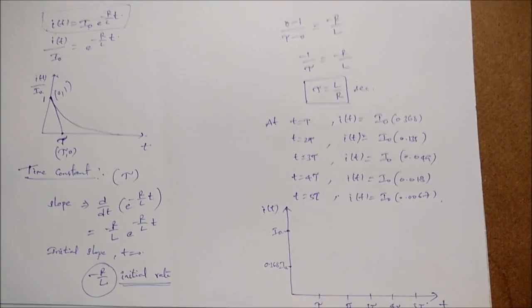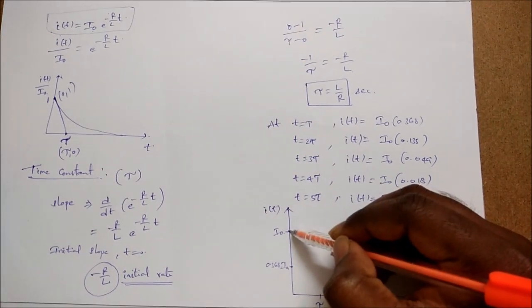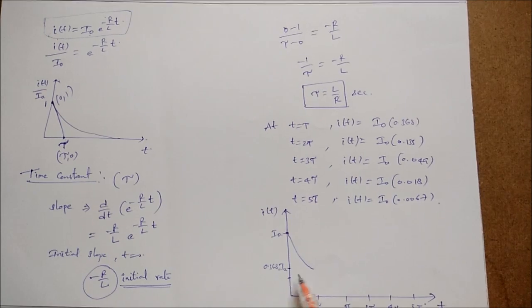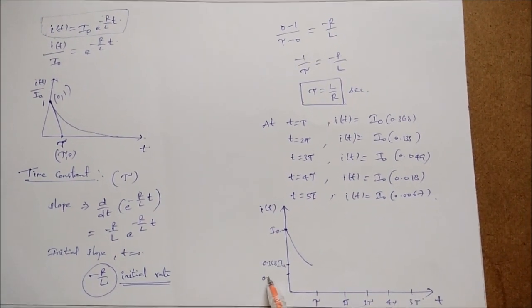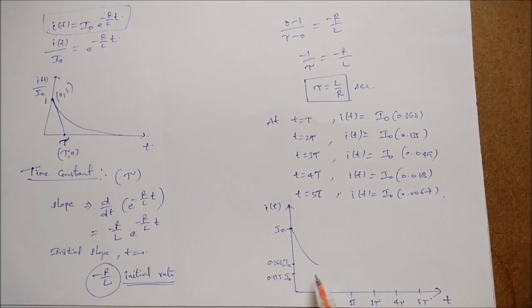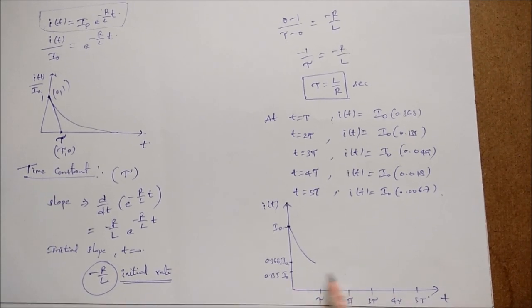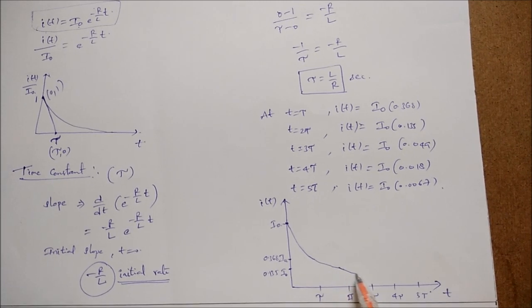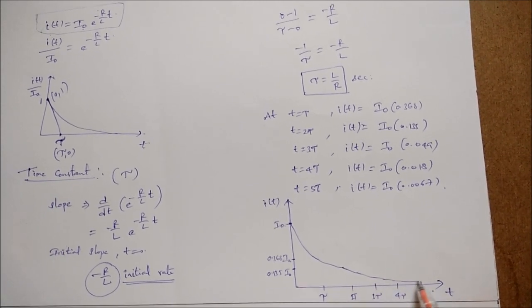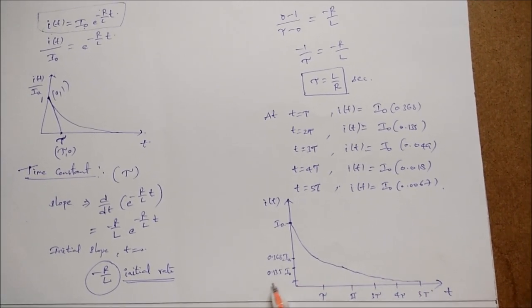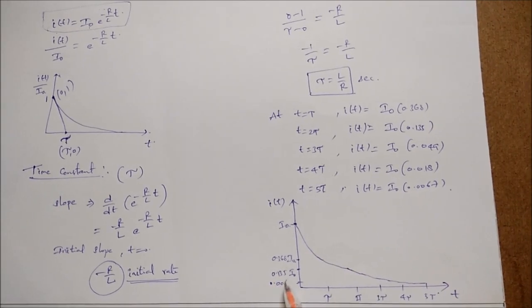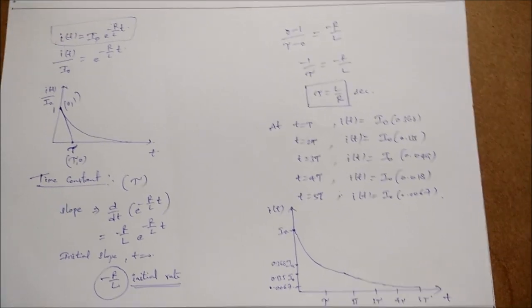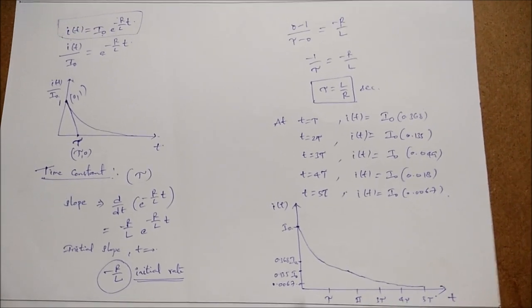For 1 time constant, it will come down to 0.368 of I naught, so it will come till here. For 2 time constants, 0.135 of I naught, so it will come till here. Similarly it will come like this, and finally for 5 time constants it will come to 0.0067. So this is the curve.